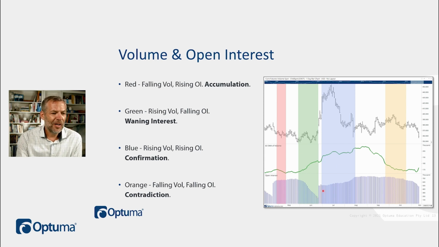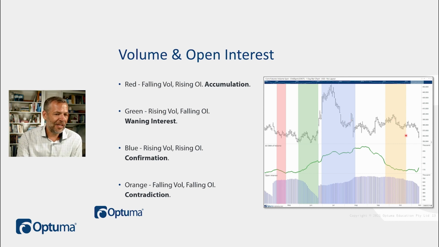So blue here, we've got rising open interest, rising volume, and we've got price, which obviously is going up initially. So it's confirming that. Then we have the smaller drop, but again, essentially it's confirming the changes in trend for us there.